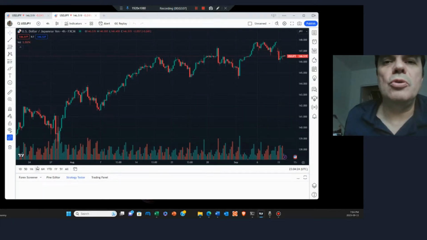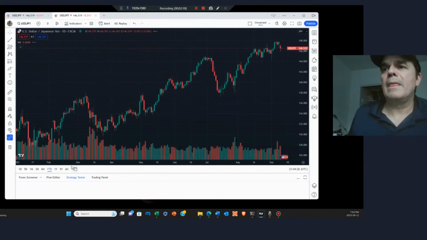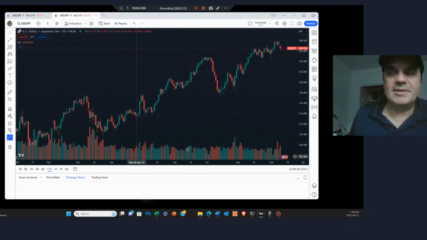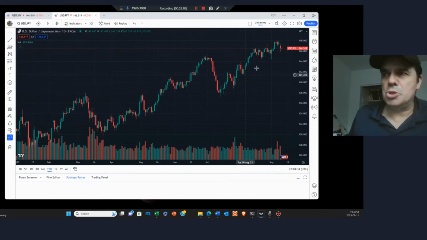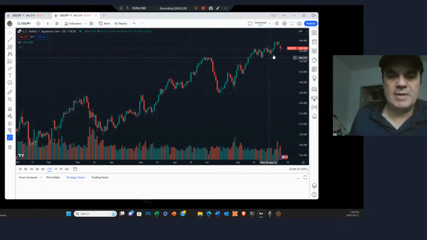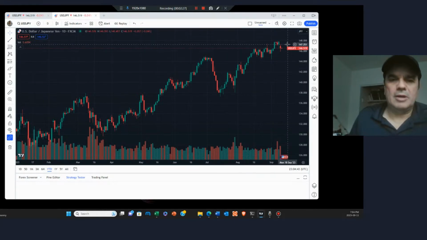So let me just show you year to date. It's been pretty consistent with some pullbacks here when the Bank of Japan steps in, does yield control. But I just read today that they want to maintain a weak yen, so that's to our benefit for long-term strategy. So this strategy is a good one for this sort of thing.